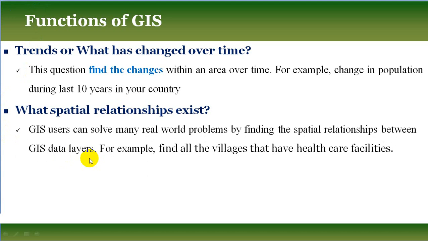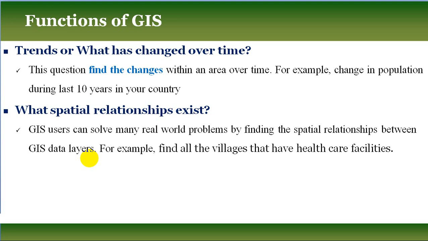So here GIS data layers means your district boundary and road, whether they are adjacent, your lake GIS data and island GIS data, whether the island is contained by the lake or not, whether we have shopping mall data and household data, whether the shopping mall and the household are near to each other or far away.